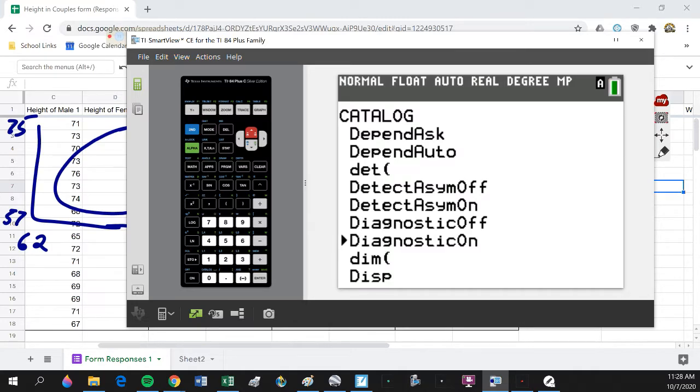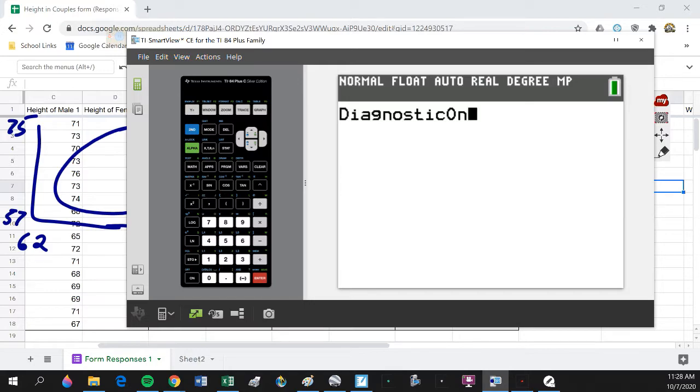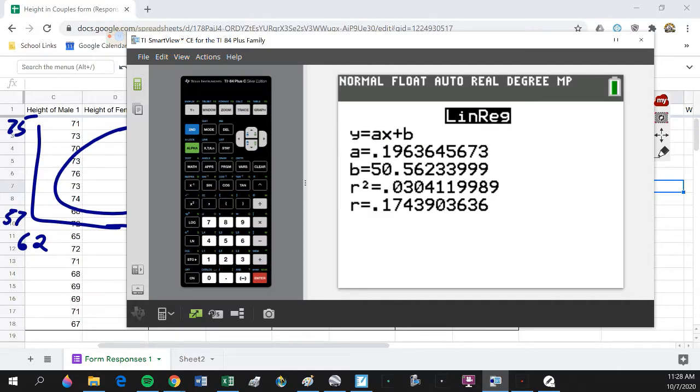And then enter on diagnostics on, and then hit enter. And for some reason, that turns the R value on. I don't know why you would ever want the R value to be off, but the default on the calculators is to have the R value off. Do you need help? Okay. And then you can redo that linear regression. And the R value is 0.17.